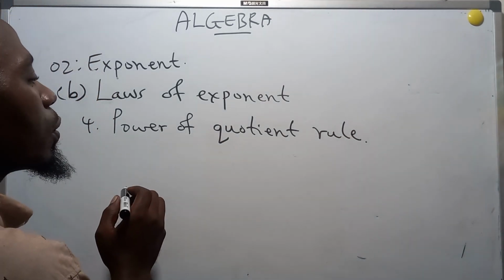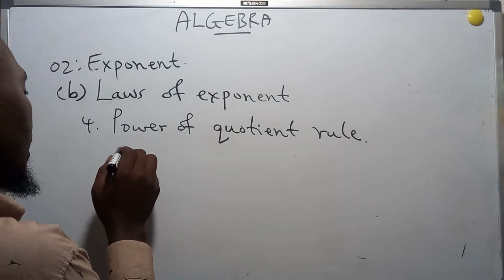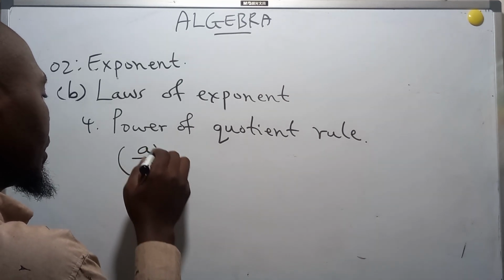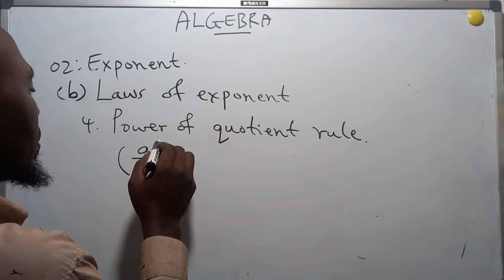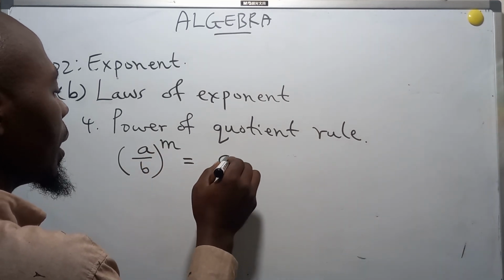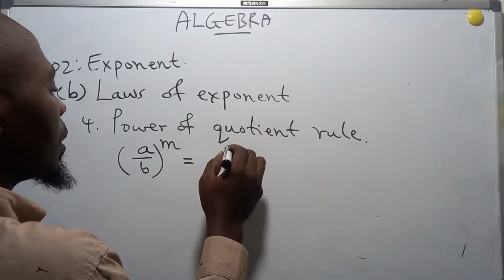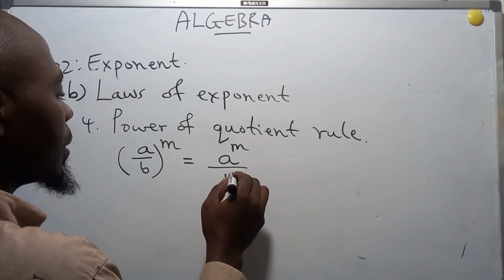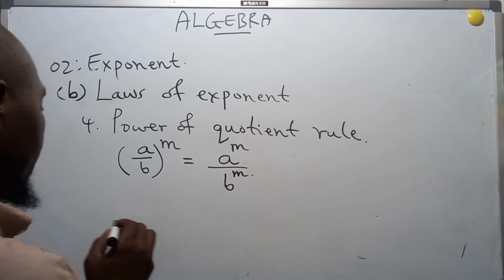According to the power of quotient law, it states that (a over b) all raised to the power of m is equal to a raised to the power of m over b raised to the power of m.